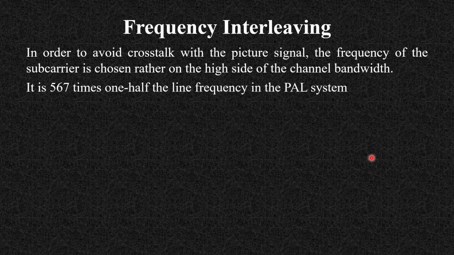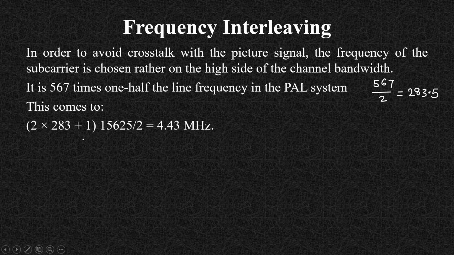So it is 567 times one half of the line frequency in the PAL system. 567 by 2 comes to 283.5. If you calculate this, it is 2 into 283 plus 1, because you are not going to put it exactly on the harmonic.